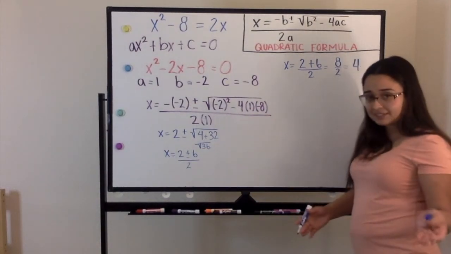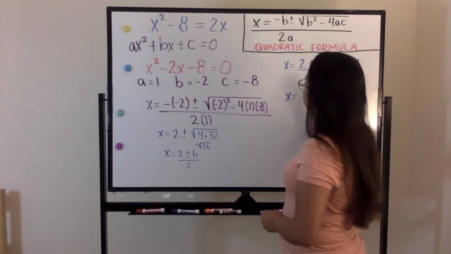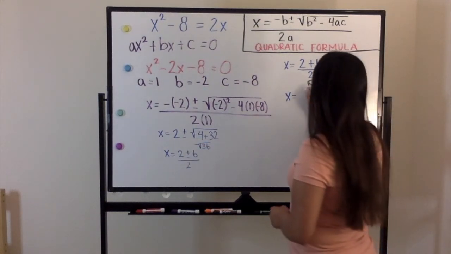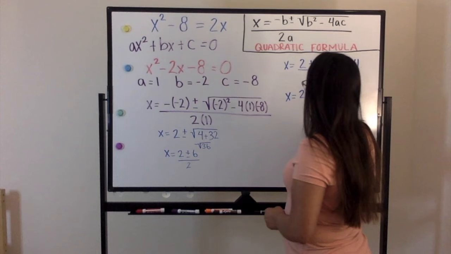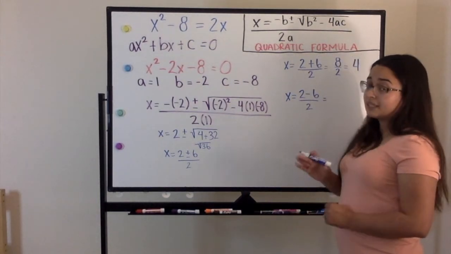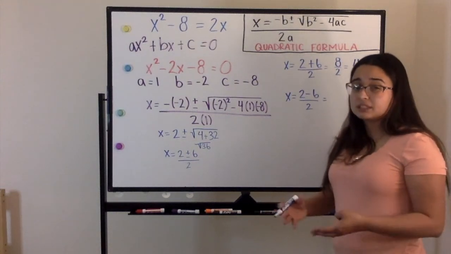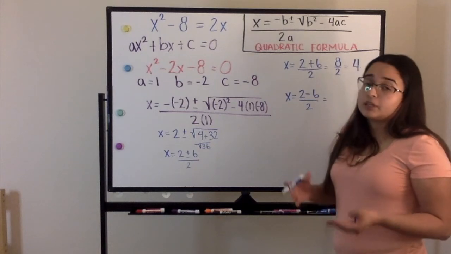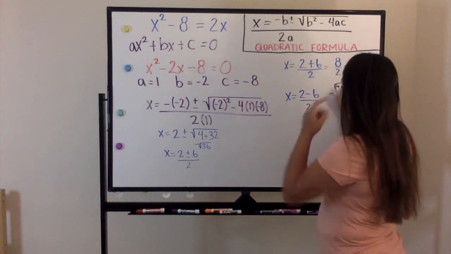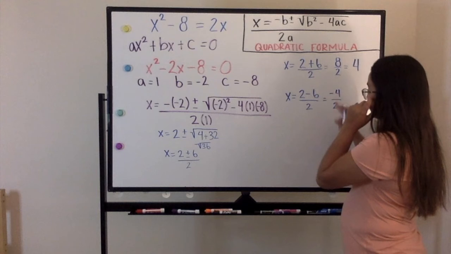Simple enough, right? Now, let's go ahead and do the same thing, but instead of a positive 6, now we're going to do it with a negative. So 2 minus 6 divided by 2. Now we know that 2 minus 6 is going to give us a negative response. Why? Because 6 is our largest number, therefore it's negative and we're subtracting, so negative 4 is going to be our answer. We are left with negative 4 divided by 2.